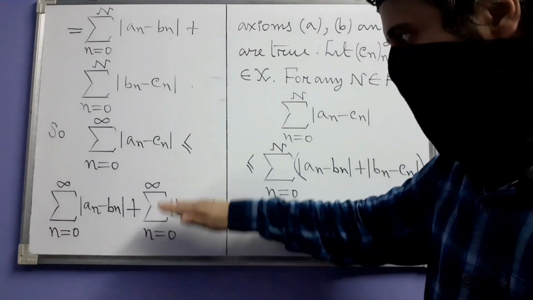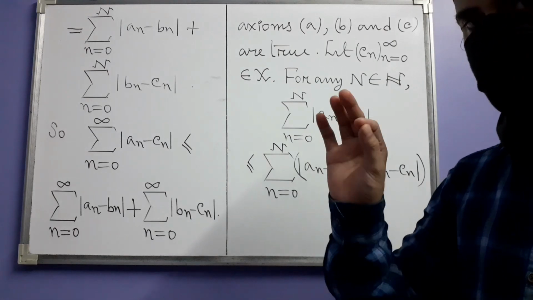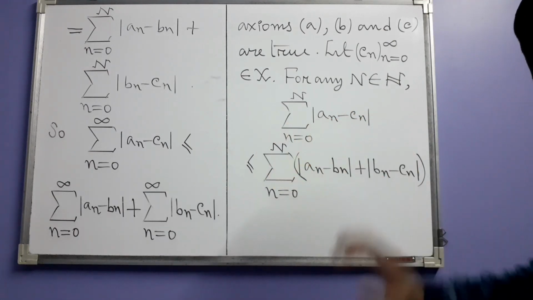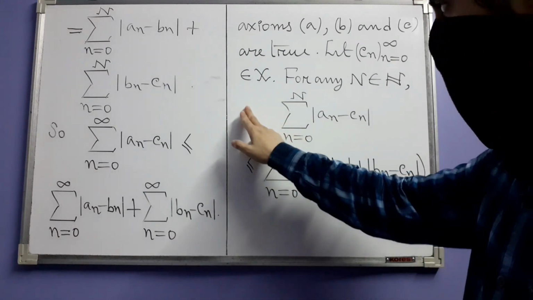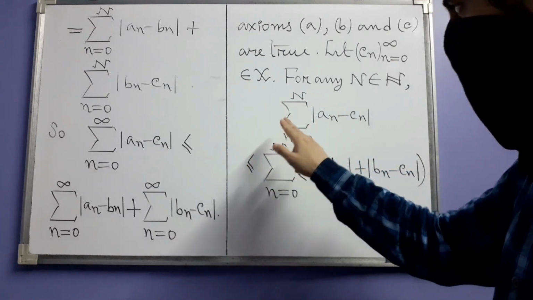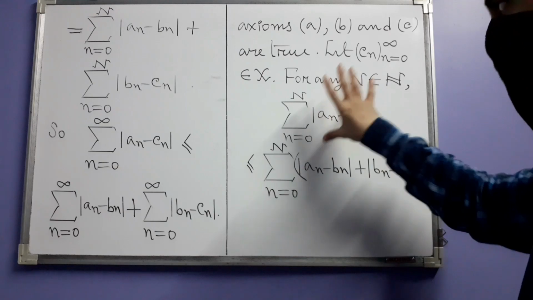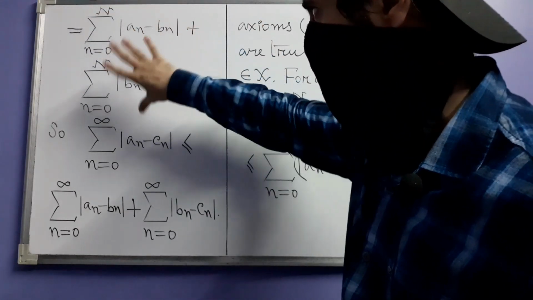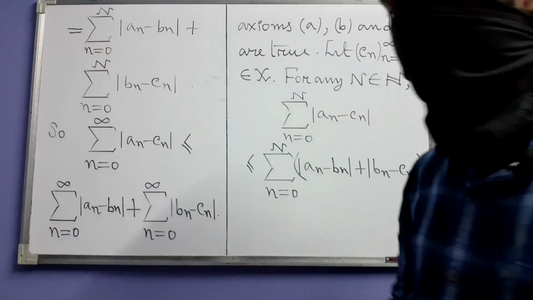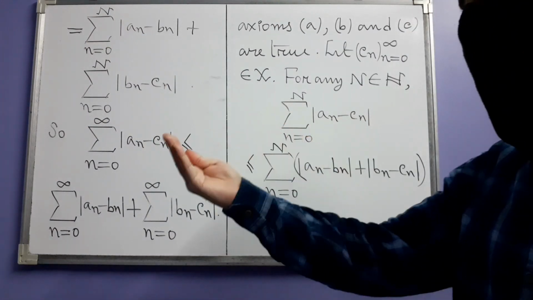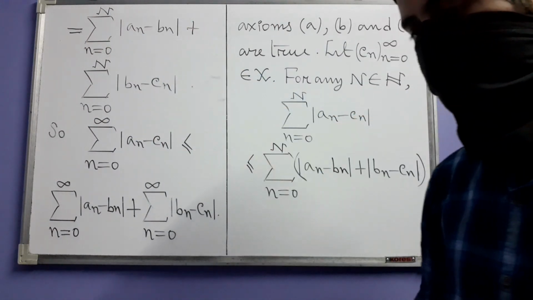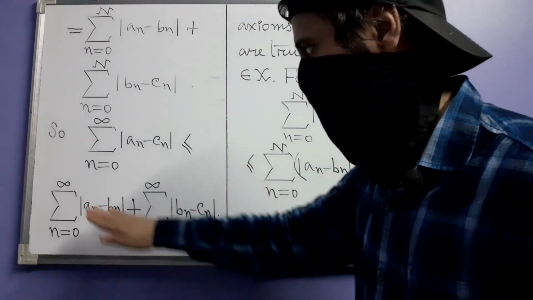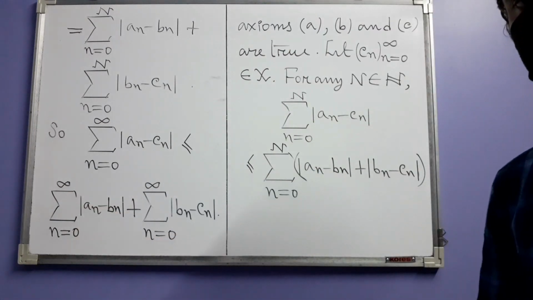Actually you don't immediately get this right hand side, there is one intermediate step also. So first what happens, I did not write those things, you can actually write limit capital N tends to infinity of this is less than or equal to limit capital N tends to infinity of this entire thing, and then you can distribute the limit over this sum by one of the limit laws, and after that only you get this.